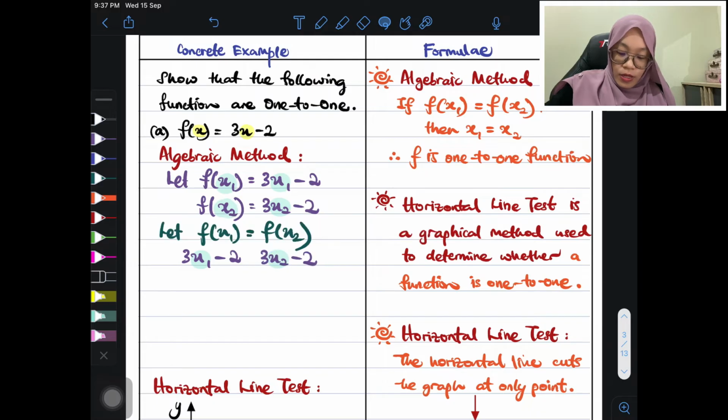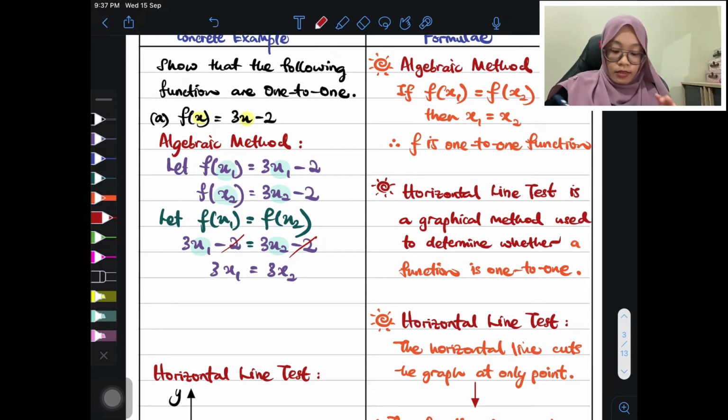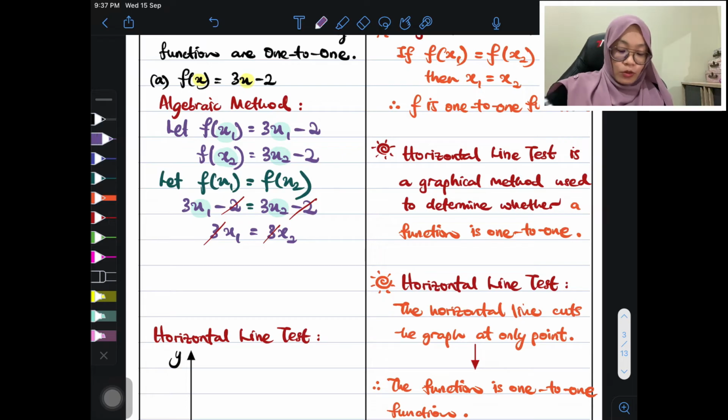We make them equal together and we will see that this negative 2 and negative 2 cancel out. We are left with 3x1 equals 3x2. Then we can simplify by dividing both sides by 3, and we will be left with x1 equals x2.